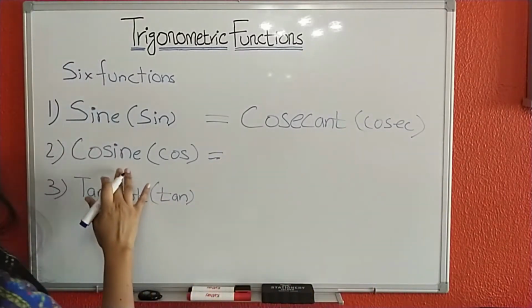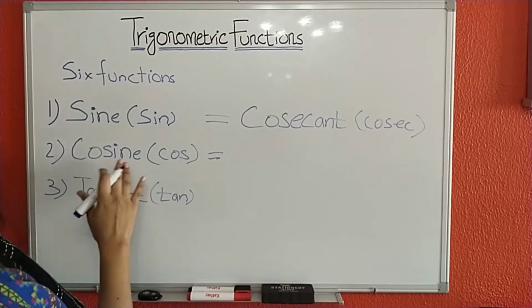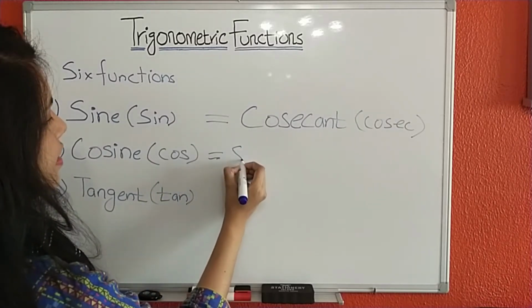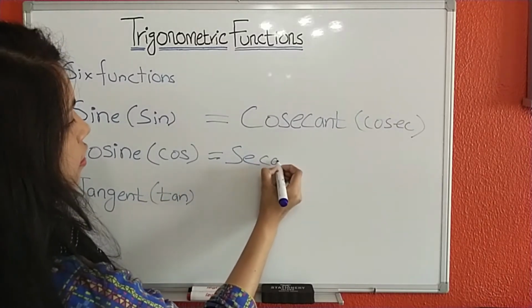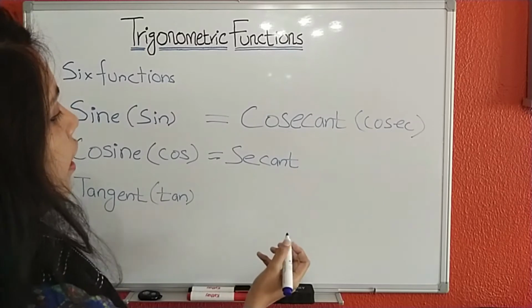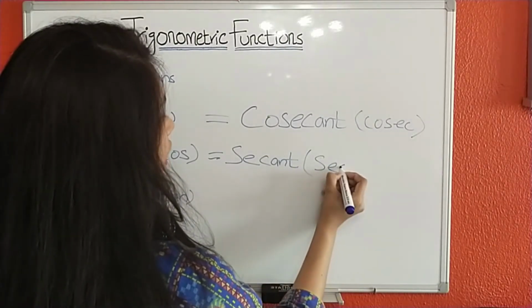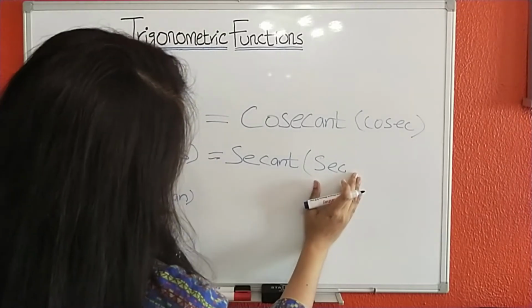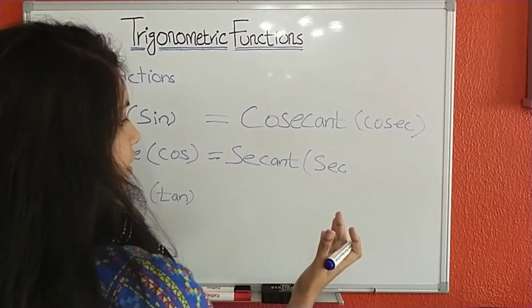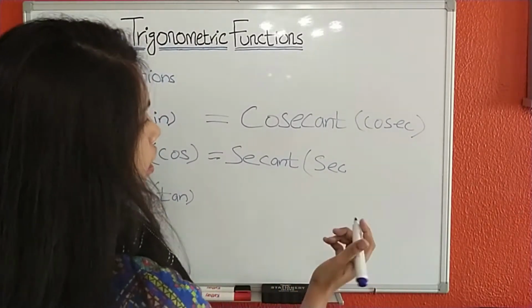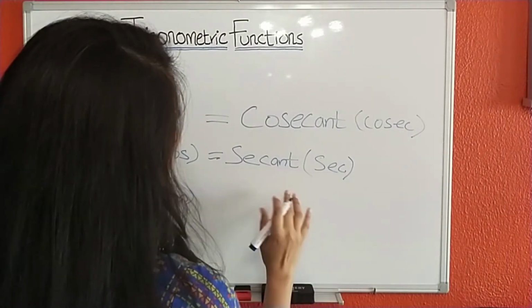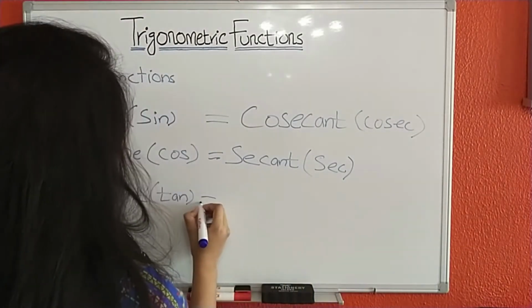Then the reciprocal of cosine is secant, and the short form of secant is sec. If we put an angle here, it will become sec theta, sec alpha, sec beta, sec phi, anything you want to put.